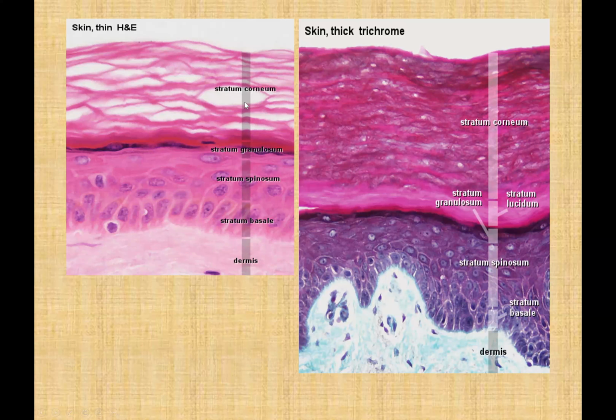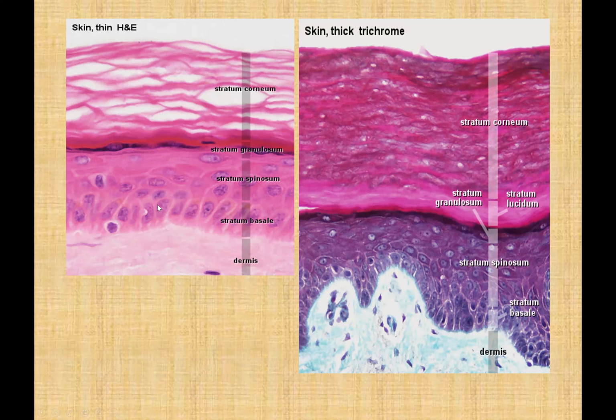So in thin skin, we have stratum corneum, stratum granulosum, stratum spinosum, and stratum basale. The stratum basale is also known as the stratum germinativum, because it gives rise to the other cells on top.